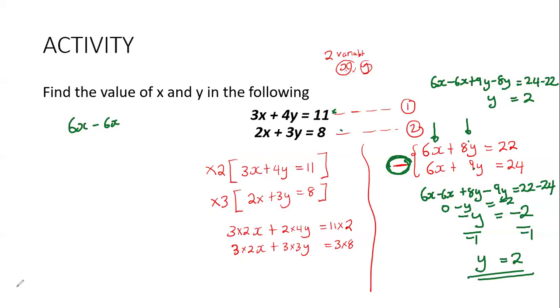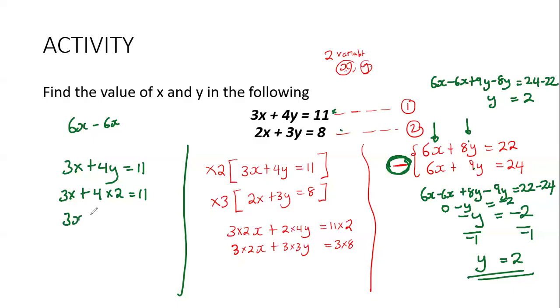So since we have obtained the value of y, I come here, I had 3x plus 4y equals 11. Now where there is y, I put 2. So it will be 3x plus 4 times 2 equals 11.